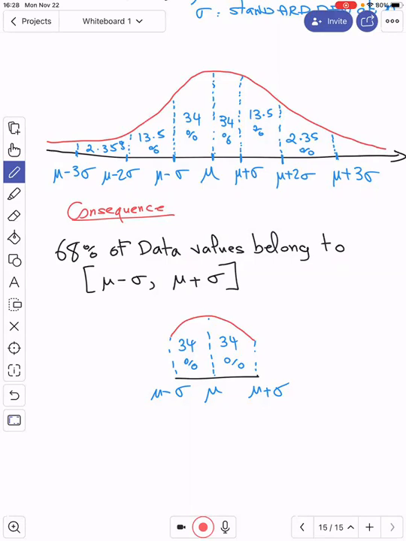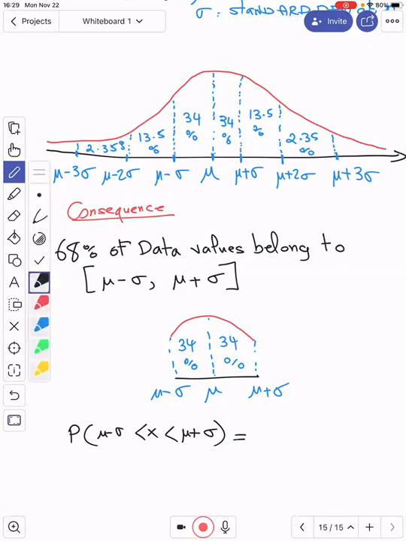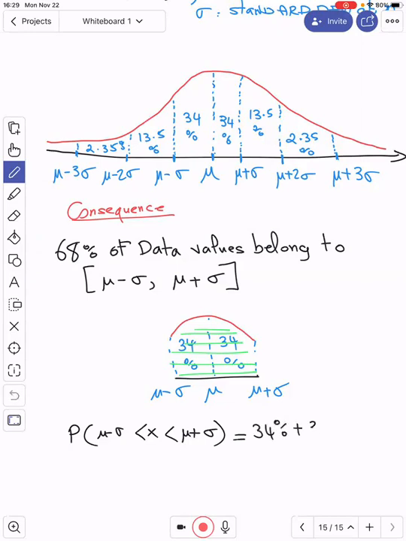So the probability that your variable x is between mu minus sigma and mu plus sigma is equal to the area between these two numbers. That's 34% plus the other 34%, so 68%, or 0.68.